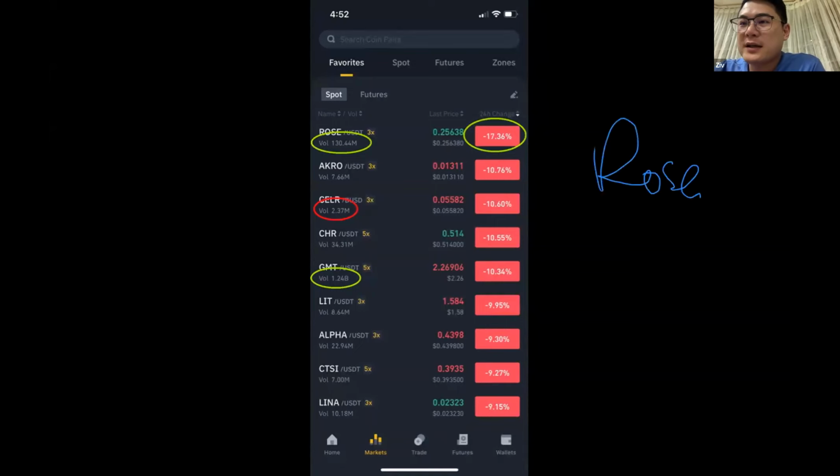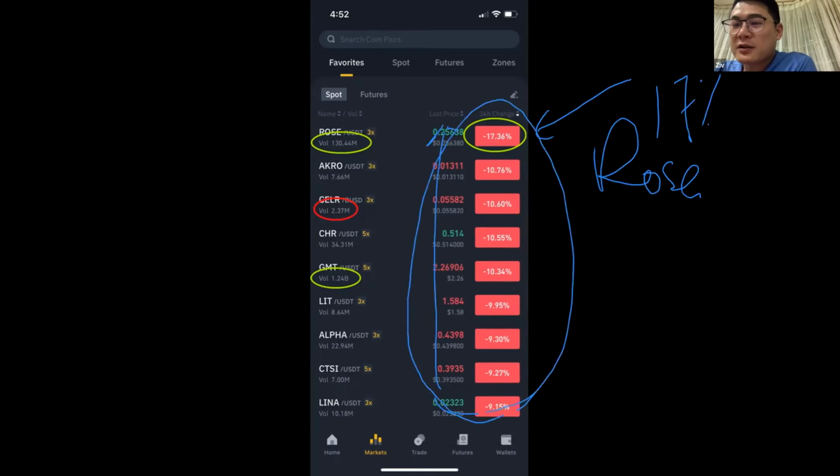This coin, at that time, as an example, is a 17% price difference from the previous price. So this is very important. We can see among the list a lot of coins. So the price range, the dropping percentage, is giving us a hint. This should be considered one of the coins I can choose.